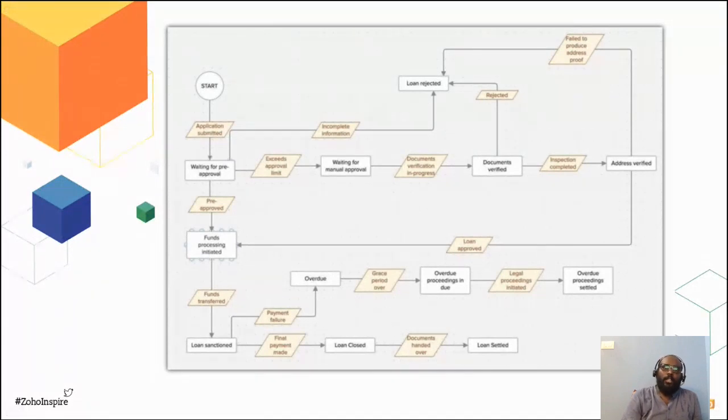Here the only manual intervention is that people will be converting a lead to a contact. For example, customer A has filled in the form, and it has reached the lead module, and the user converted it to a contact.